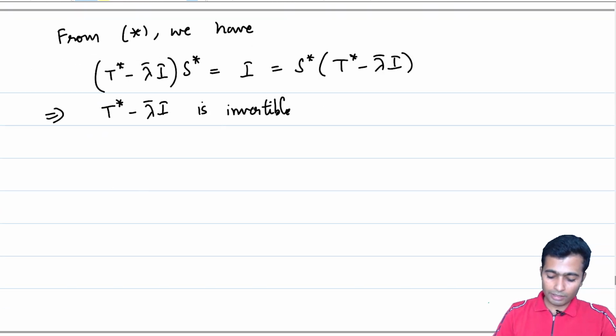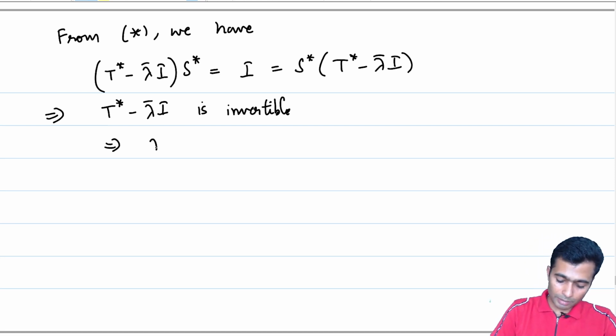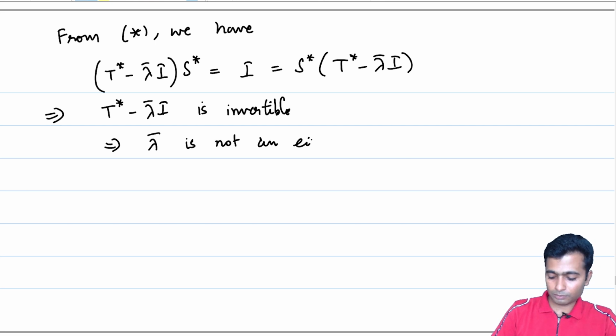That means that there does not exist any vector v that belongs to the null space, which implies that lambda bar is not an eigenvalue of T star.